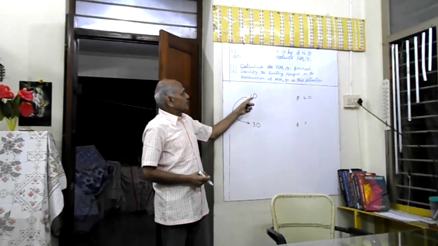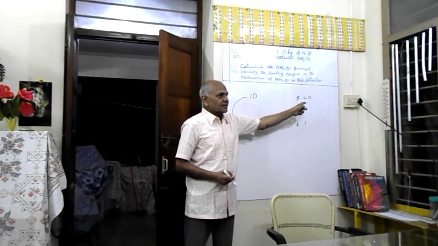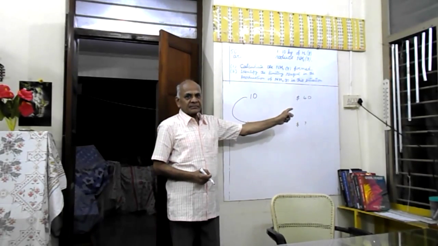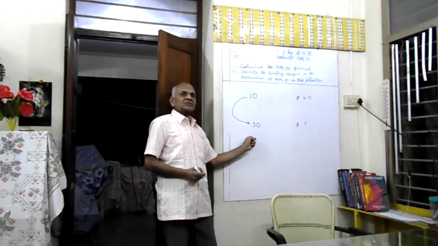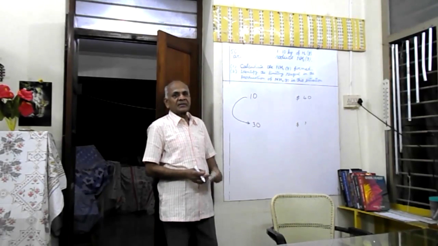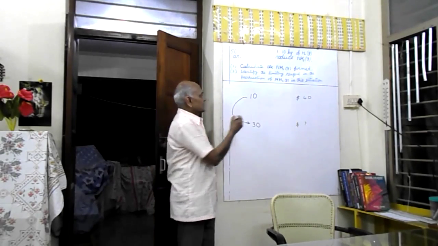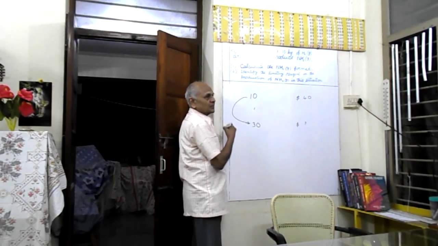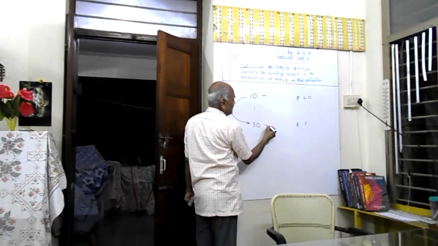We will find for 1: for 10 meters 40, for 1 meter how much? We know it is division. Then for 1 meter so much, 30 meters how much? That is multiplication. So in between there is one step that will run through our mind. So I will write it small, 1 meter.